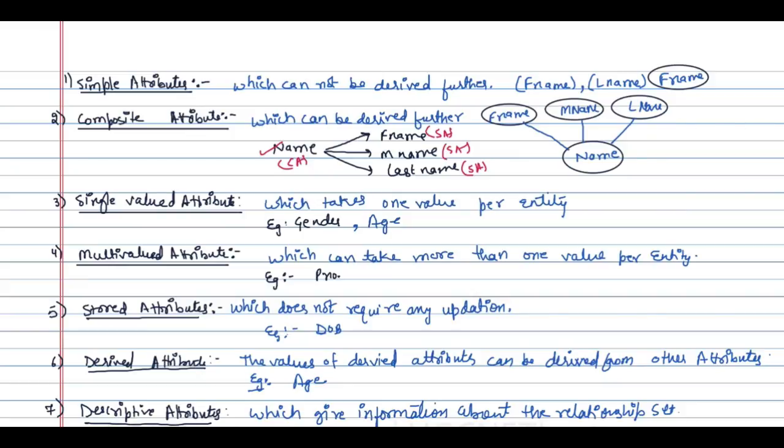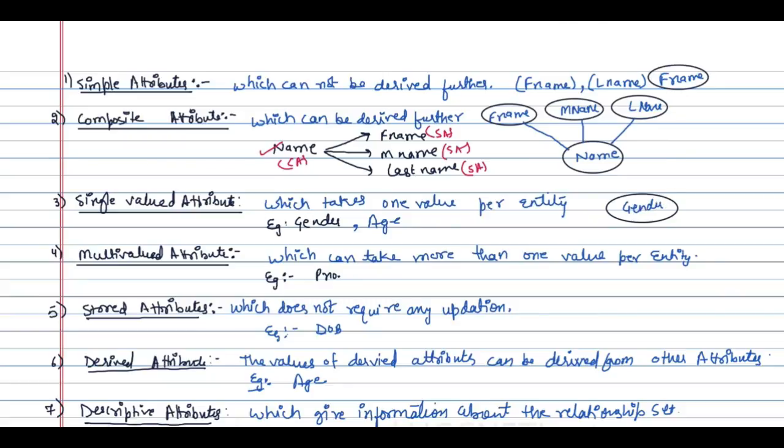This is how composite attributes are represented with this kind of diagram. Next are single valued attributes, the attributes which can take only one value, and they are represented using a single oval, like the gender of a person.